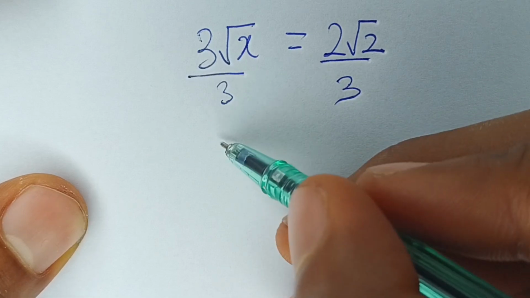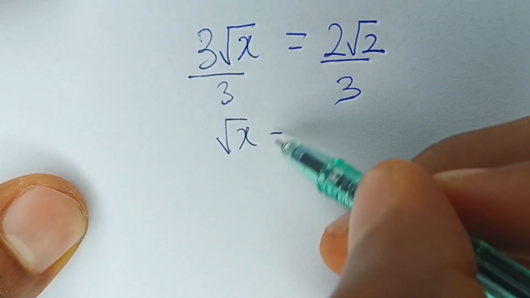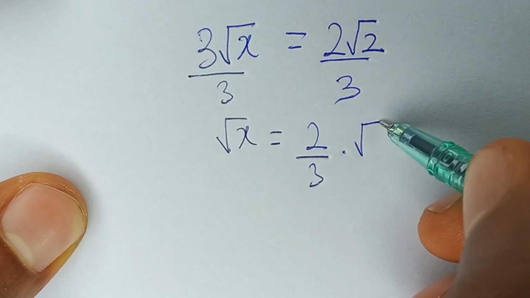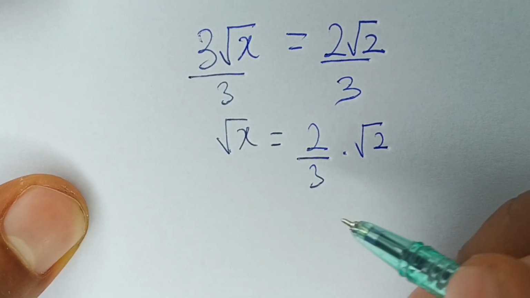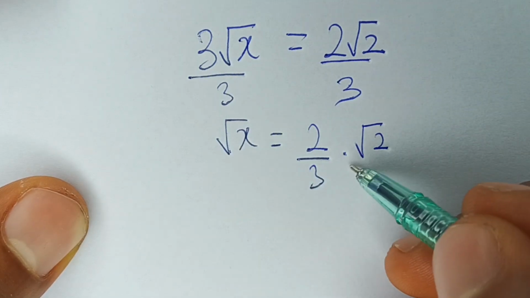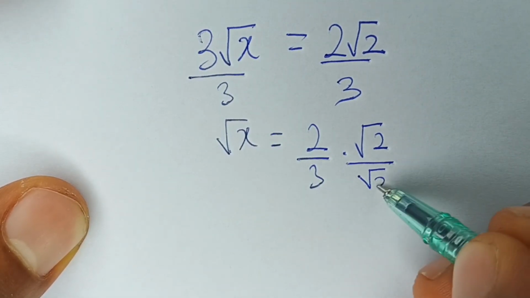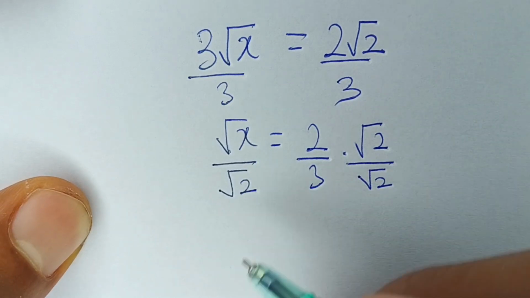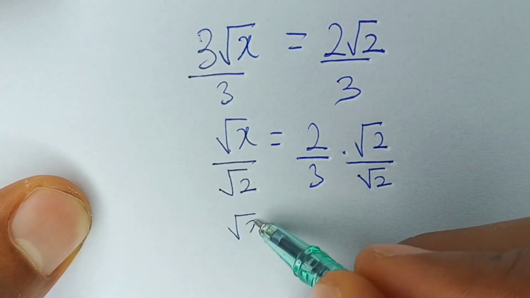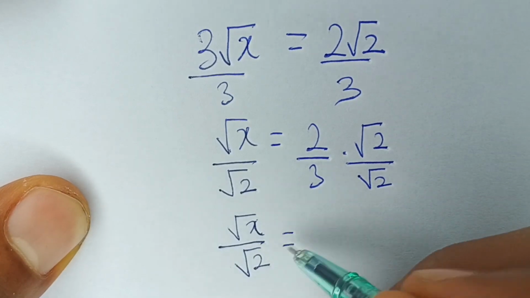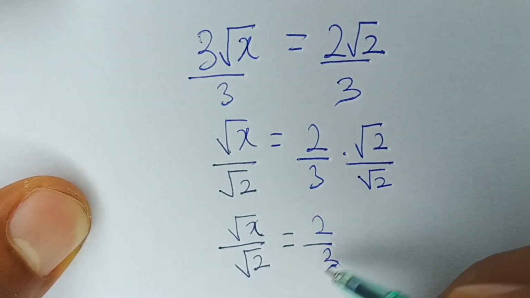So that what we are left with on this side is root x equal to 2 over 3 multiplied by root 2. Okay, again, we can decide to divide both sides by root 2. So divide this side by root 2 and divide this side by root 2, so that what we have from here is root x over root 2 equal to 2 over 3.